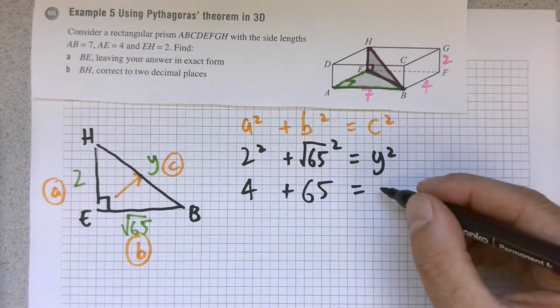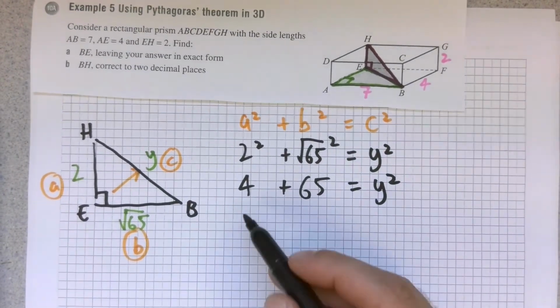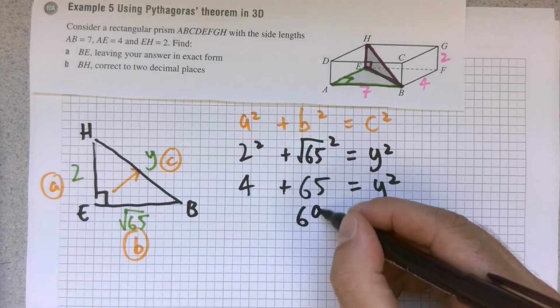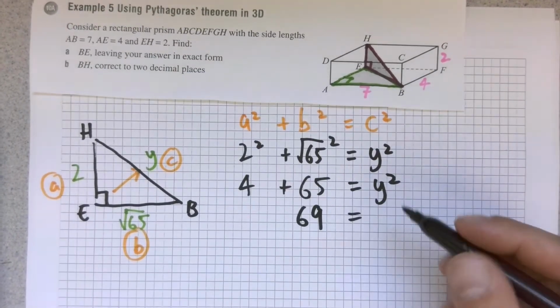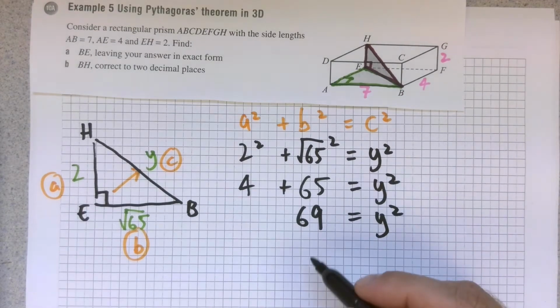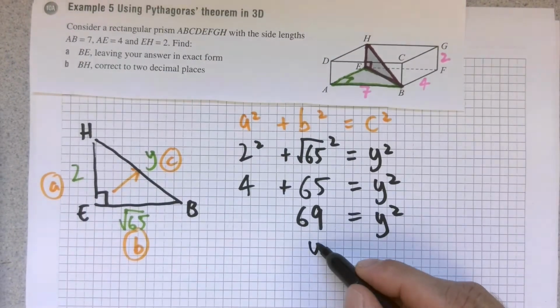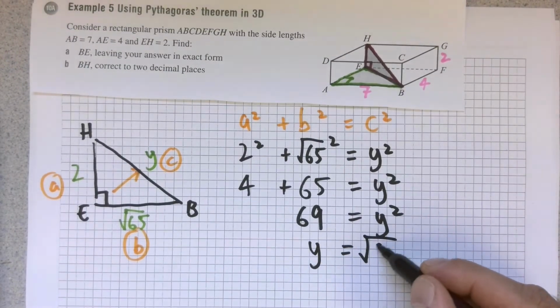And that's equal to y squared. Now I'm going to add those two together. That's 69, and that's equal to y squared. Y is then equal to the square root of 69.